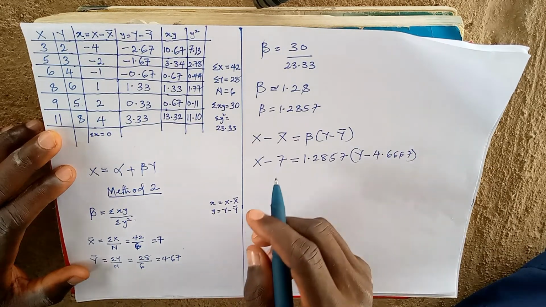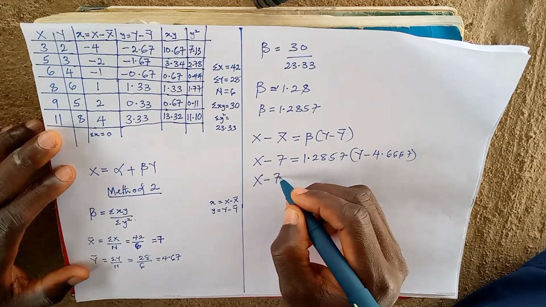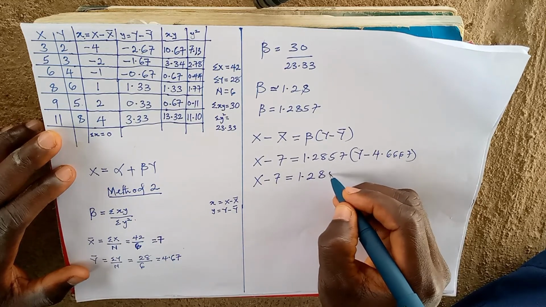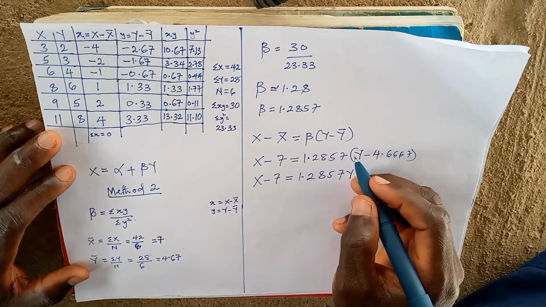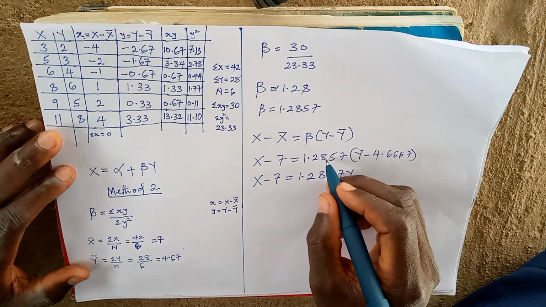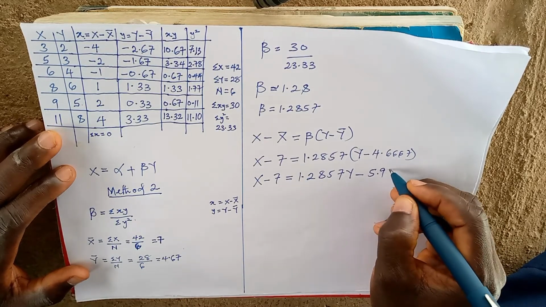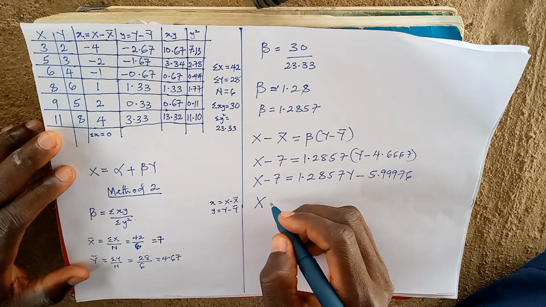Now if we multiply like that, we're going to have X minus 7 equals 1.2857Y minus this multiplied by this, which will give us 5.99976.